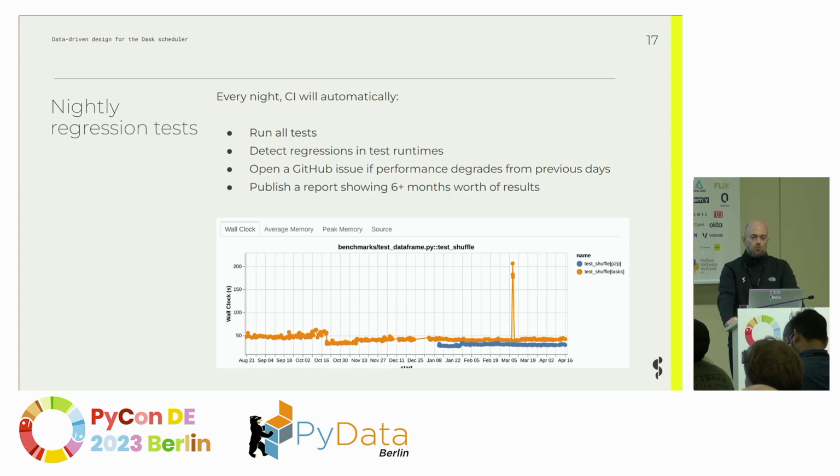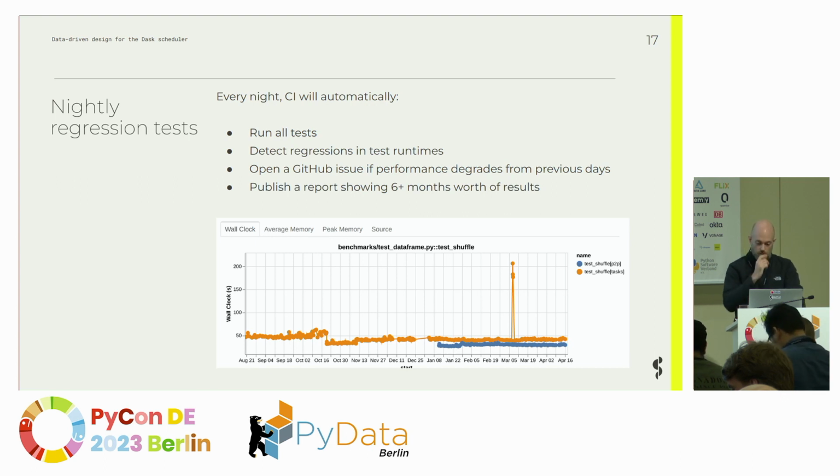Also, since we don't really want to have somebody whose job is just to open this report and look through it, we have automated systems that spot regressions in performance automatically, say at least 10% lower than the last week. There is automatically a GitHub issue opened for us to look at.